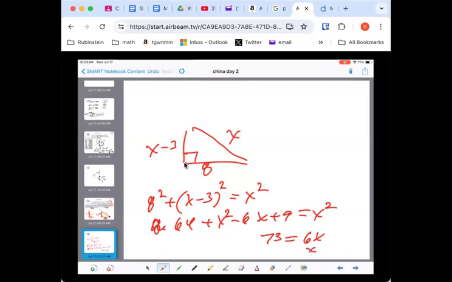X is 73 over 6. It's 12 and 1/6. So basically there are 2 components. We already practiced this type once it's set up.